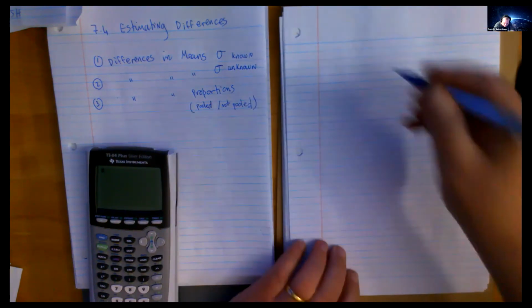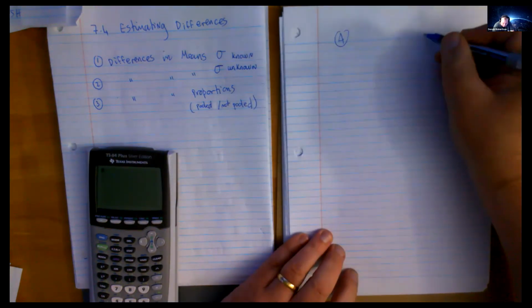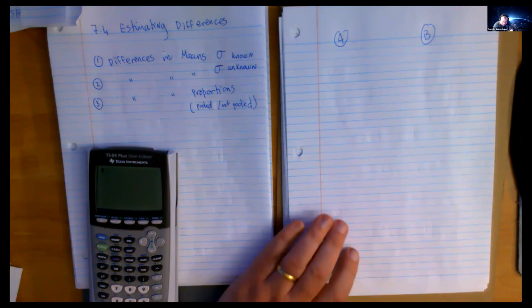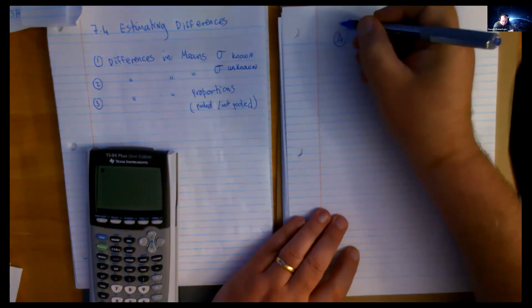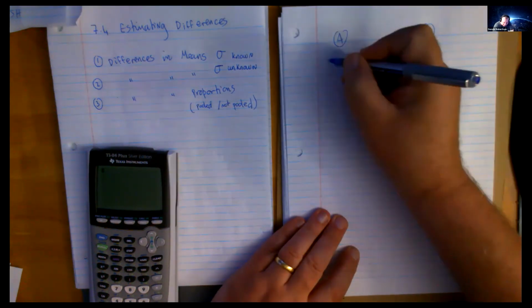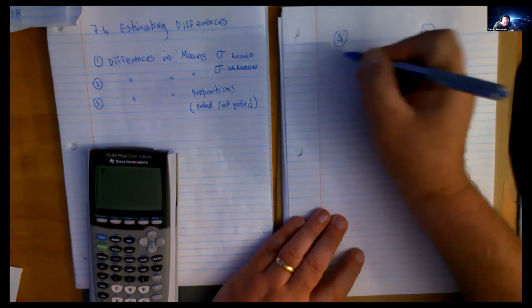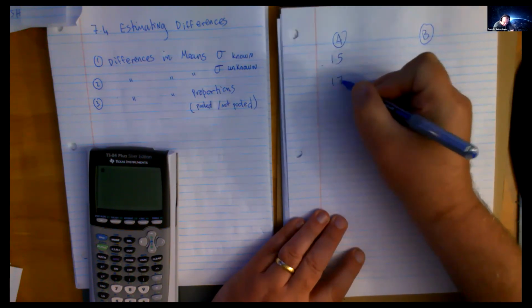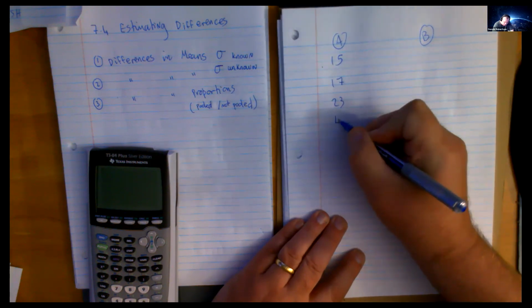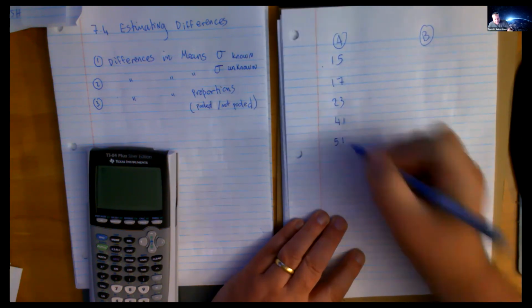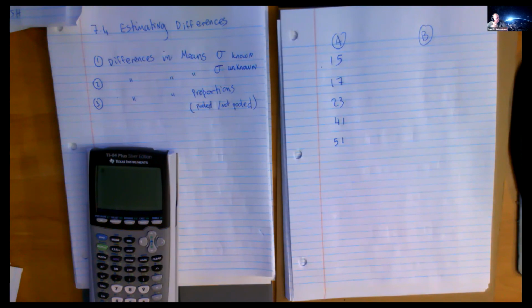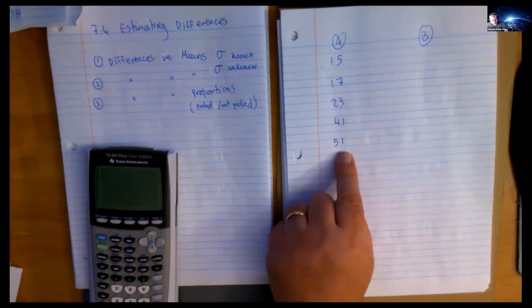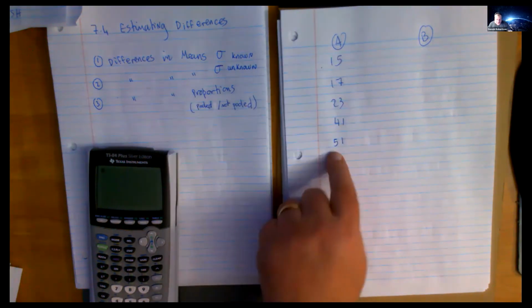Let's suppose you have your two groups, I like calling them A and B, and we'll have this as Class A and this is Class B. And in Class A, you just took a sample of the ages of 5 of the students, right? So it's one of those big university classes where there could be 200 people in it. And this is lecture room A, and these are the ages of the people.